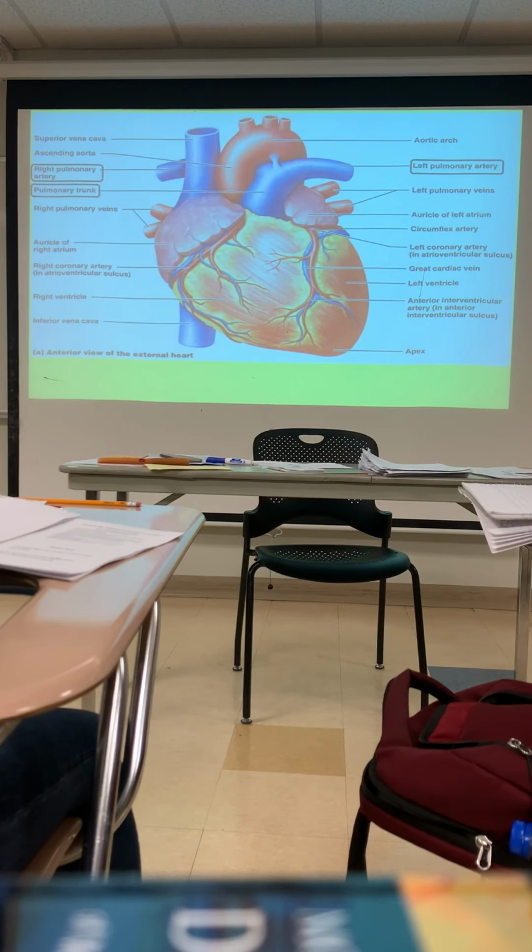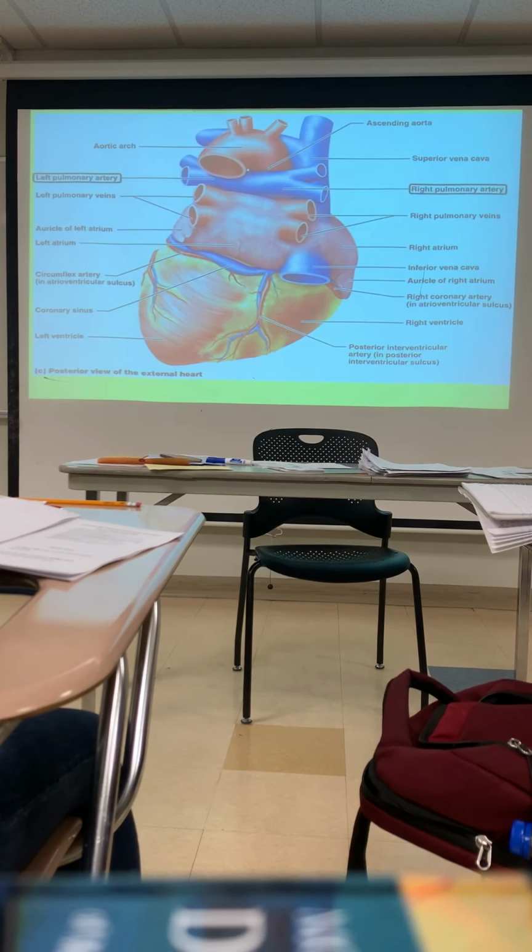It divides. So it's the same. So this is the right coronary artery, left coronary artery, circumflex artery. Okay? And you go to the side, so this is your circumflex artery, coronary sinus, inferior vena cava, superior vena cava, right and left arteries, aorta.